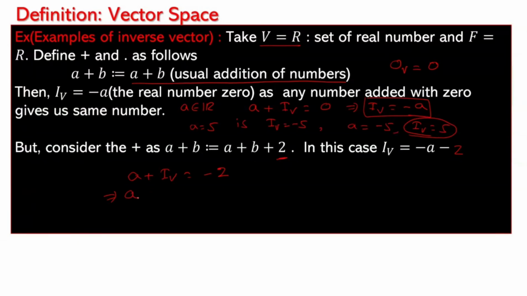So this implies a plus iv plus 2 is equal to minus 2. So this will give you iv is equal to minus a minus 4.